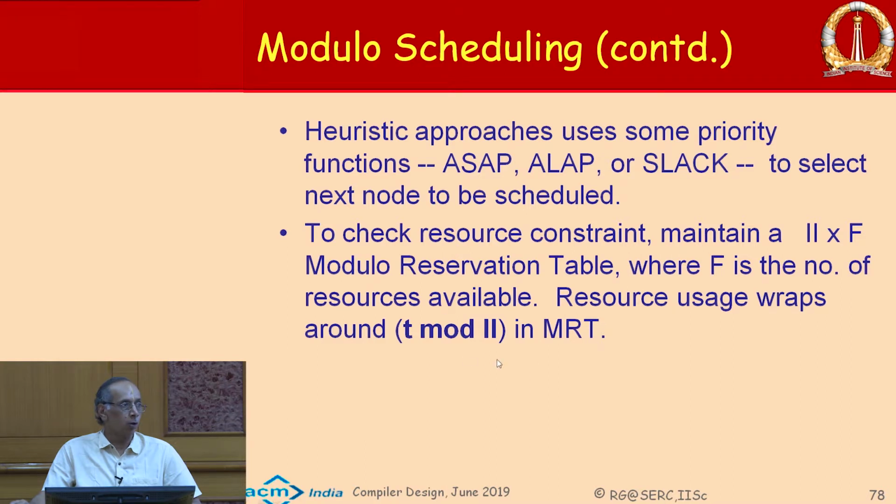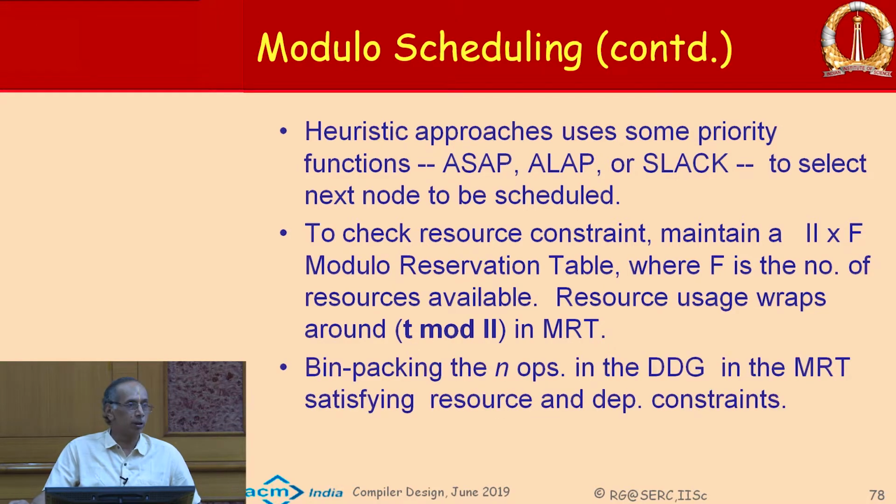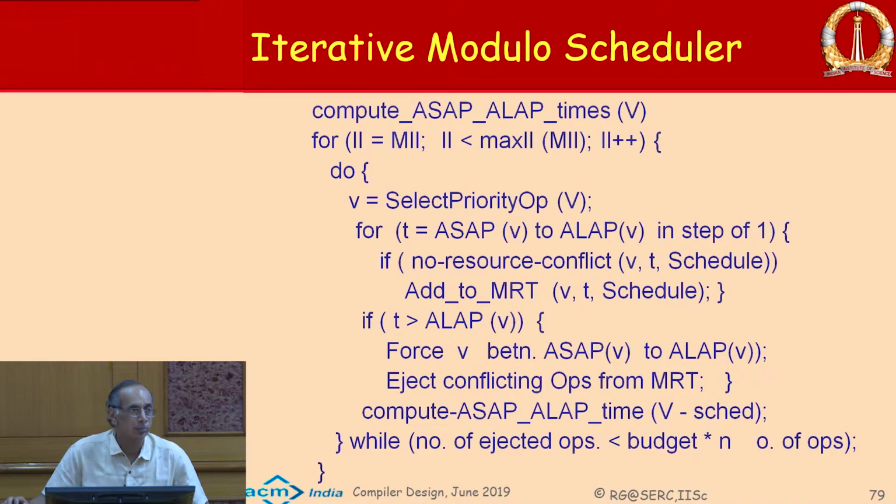You use the modulo reservation table and check at time step t mod II, not t minus II. This is again a bin packing problem because you have II cross F slots and you want to pack all your operations in that such that they satisfy the dependency constraints, and it is NP complete.